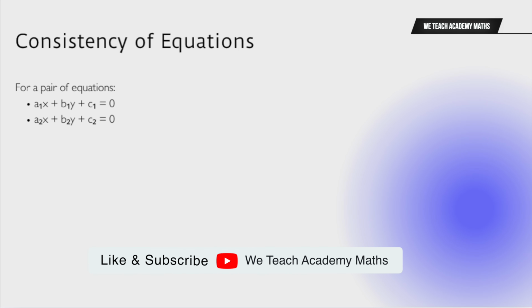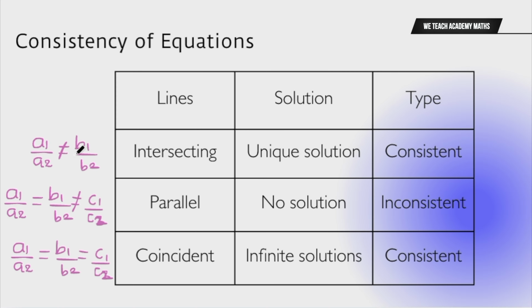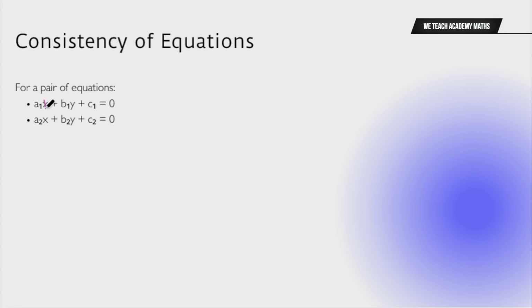Consistency of equations. For a pair of equations a1x plus b1y plus c1 is equal to 0, and a2x plus b2y plus c2 is equal to 0. Now when we try to express this in the three cases, intersecting would be a1 by a2, which is not equal to b1 by b2. When we put this in a division form, we can cancel out y and x, and we can take c to the other side just for our better use.